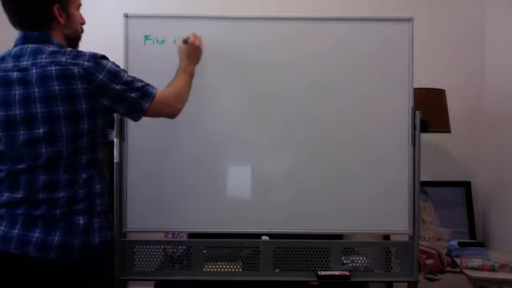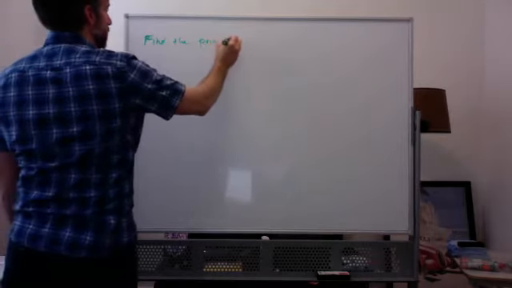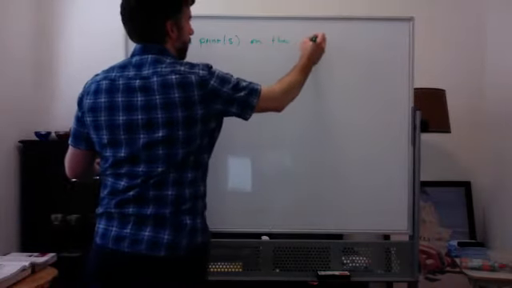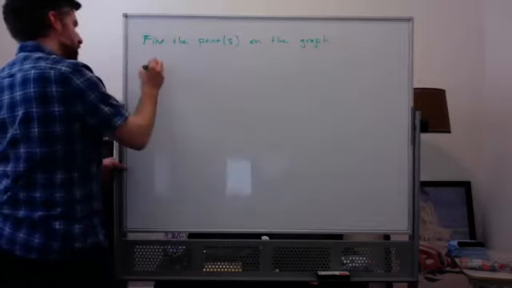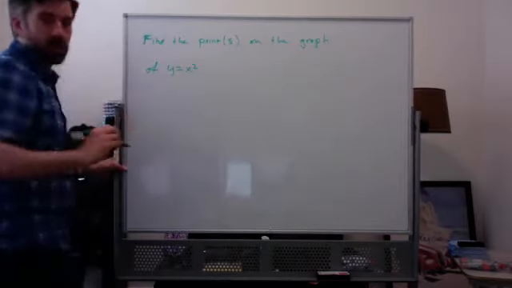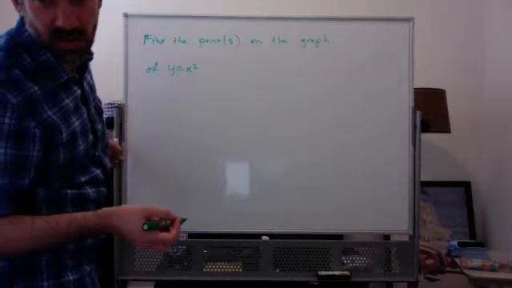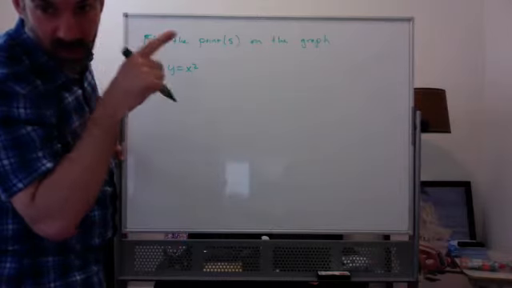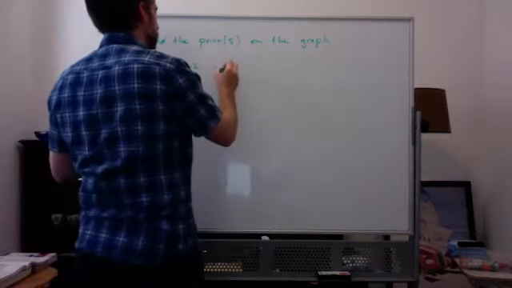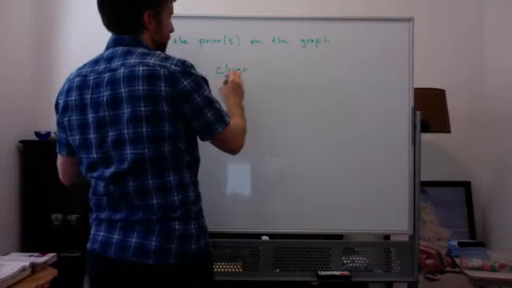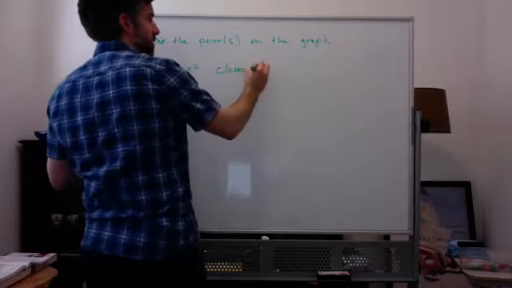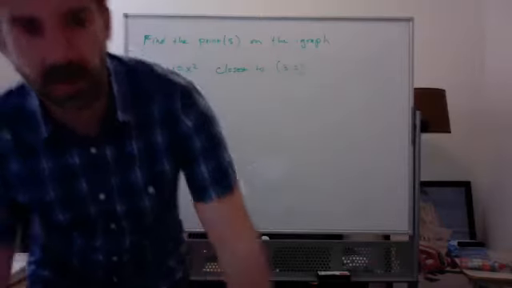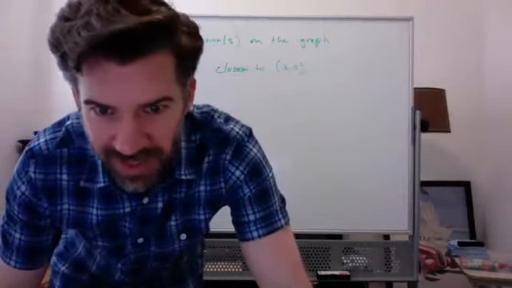So find the point or points, there's sometimes more than one, on the graph of y equal to x squared closest to, let's do the easy one first, closest to 3, 0. So that's usually how you're going to see a problem.